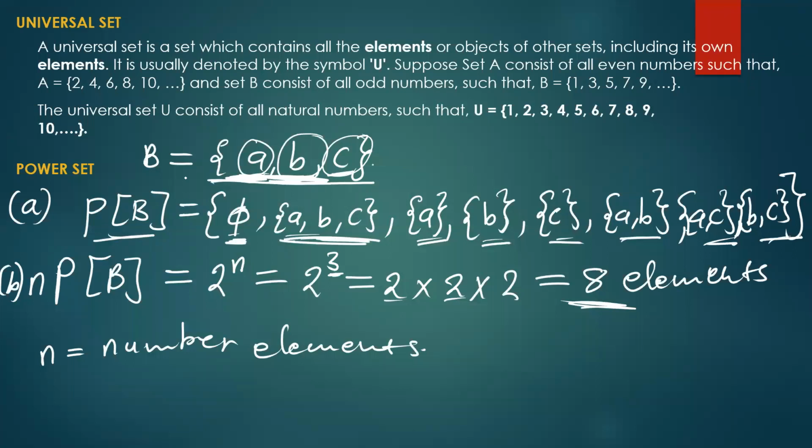But if we consider this as a set alone, it means that what we have inside the brackets of this set, inside these big brackets, are called elements. So they are elements of this set here. So in this case, if you say 8 subsets or 8 elements in the power set of B, you still get it correct. I got it.